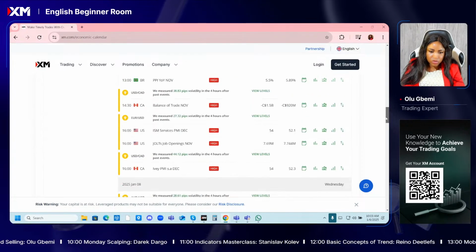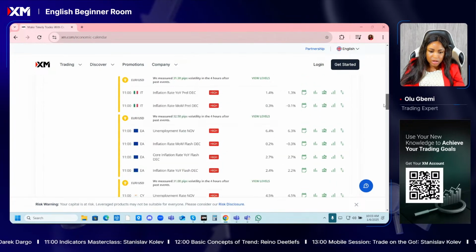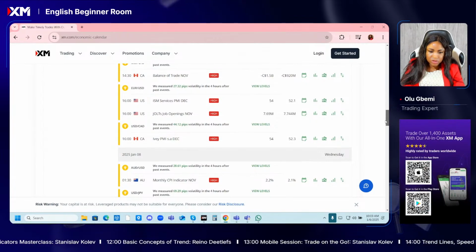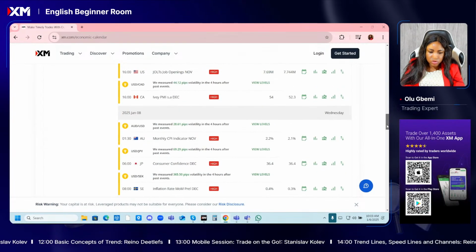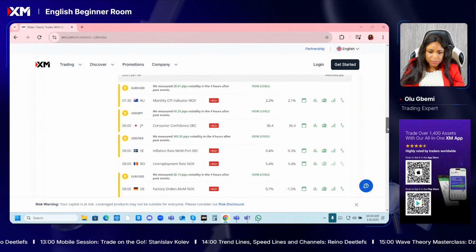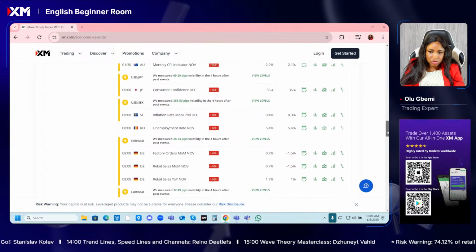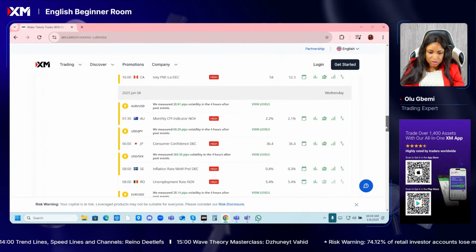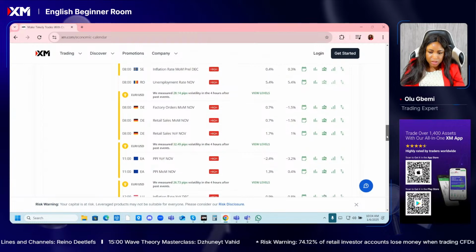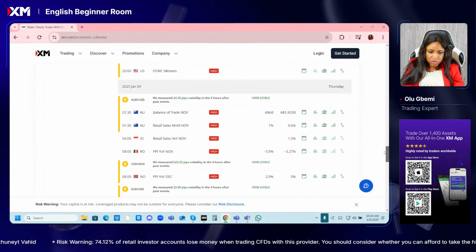For that same tomorrow, balance of trade for Canada and ISM service PMI for the US, monthly CPI indicator for Australia tomorrow on Wednesday, and PPI for Euro area as well on Wednesday. FOMC meeting for the US on Wednesday.